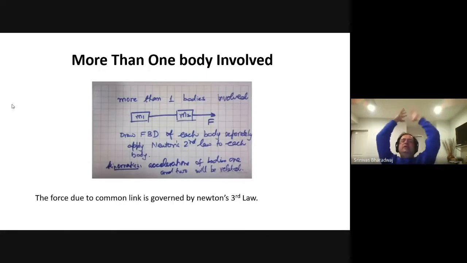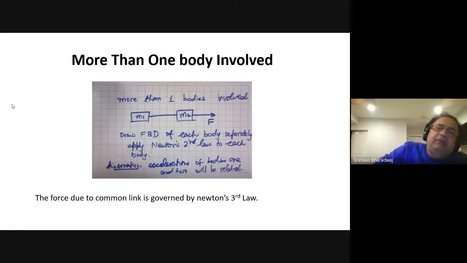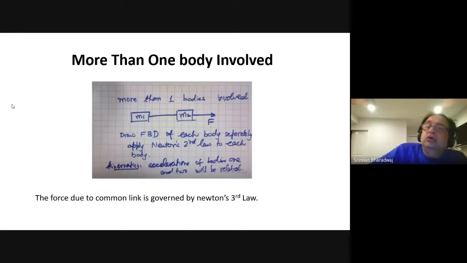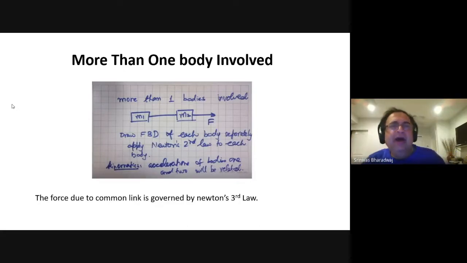Okay. So when there's more than one body involved, you draw the free body diagram of each body separately, apply Newton's second law, right? But keep in mind Newton's first law, keep in mind Newton's third law, and then you draw all the free body diagrams, and then voila, you have enough equations and enough unknowns to solve, right?